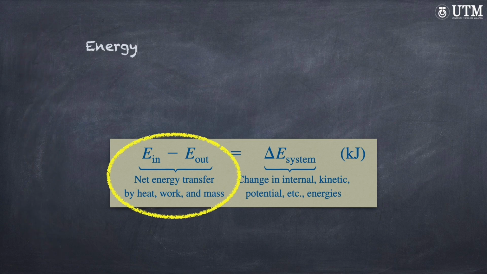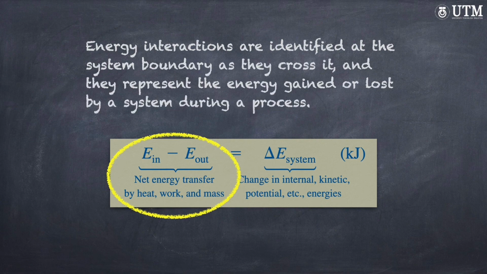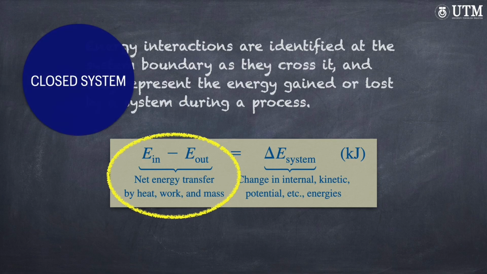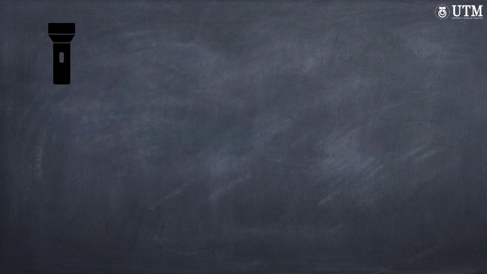Energy interactions are recognized at the system boundary as they cross it, and they represent the energy gained or lost by a system during a process. The net transfer of energy in heat, work, and mass equals the difference between the amounts transferred in and out.